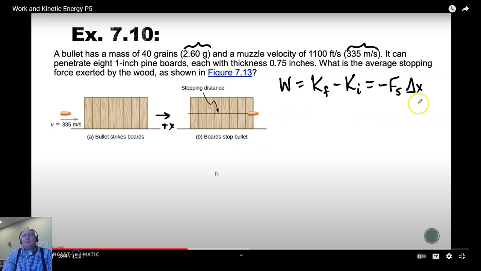So what makes more sense, to say that the force of the board is negative, or that the force is just pointed in the other direction? You're going to grab your calculator, you're going to get whatever the answer is. I'm intrigued by putting the negative sign in right here and saying, I already know that the force has to be acting in the opposite direction of X. In fact, she even said here's the positive direction. So this is built so that it's going to give us a positive answer.